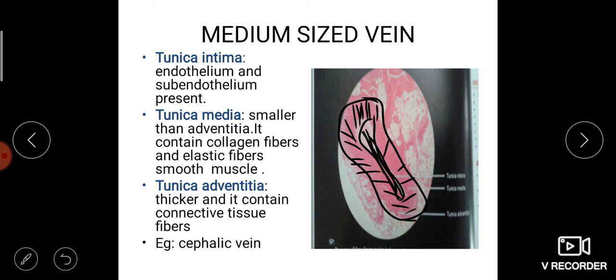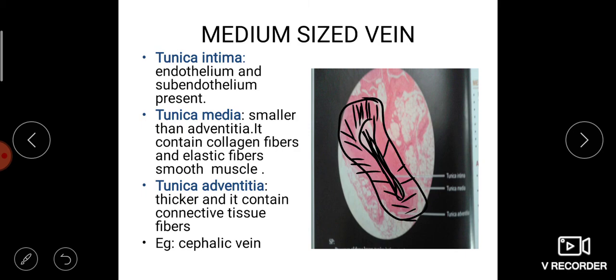Here, tunica intima consists of endothelium and subendothelial connective tissue. Media is smaller than the adventitia. It contains collagen fibers and smooth muscle. Tunica adventitia is thicker and it contains connective tissue fibers. There is not much smooth muscle. Tunica adventitia is larger, but it consists mostly of connective tissue fibers.